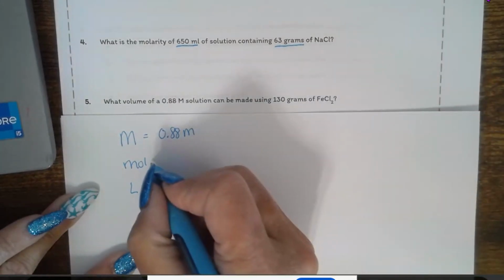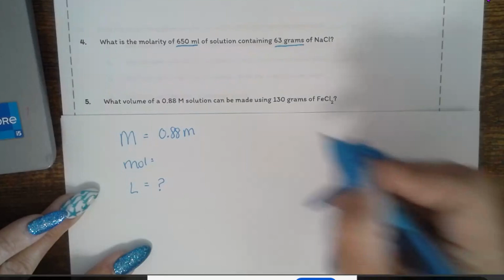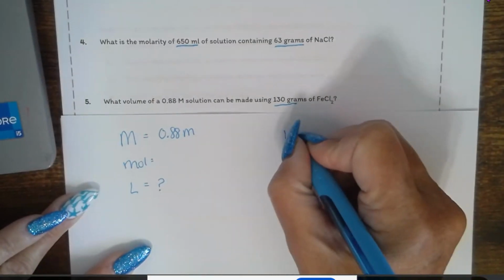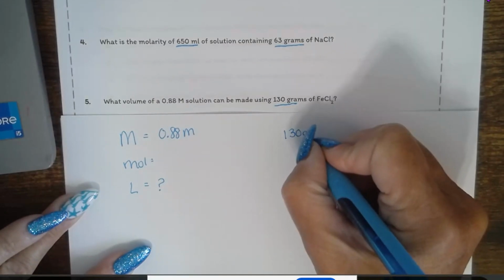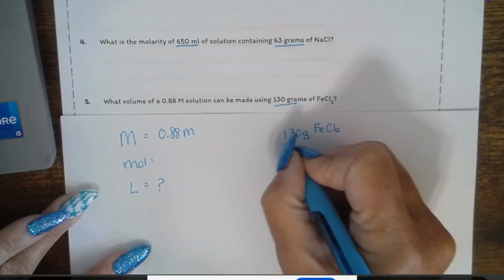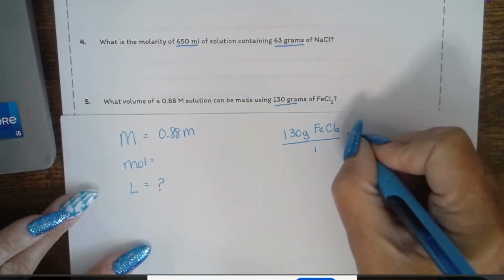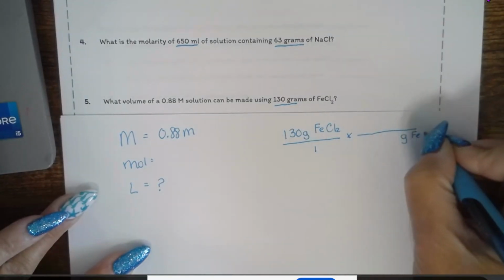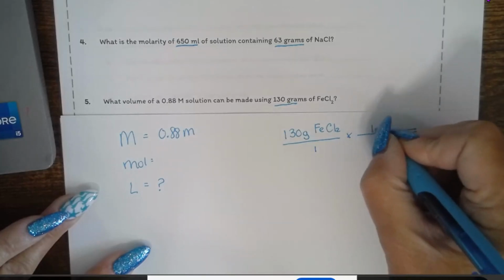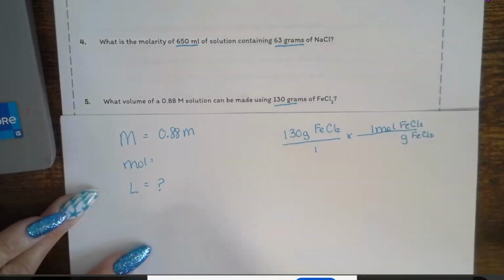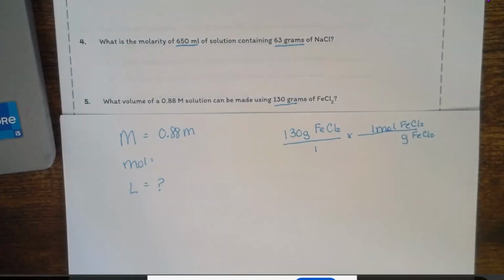So we don't have moles and we don't have liters. We have grams though. So what we're going to do is convert 130 grams of FeCl2 to moles, which means we need to find the molar mass of FeCl2. All right, so check my periodic table.